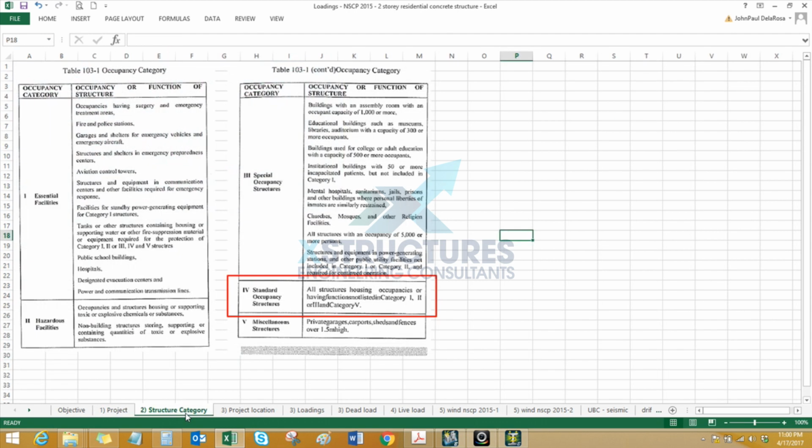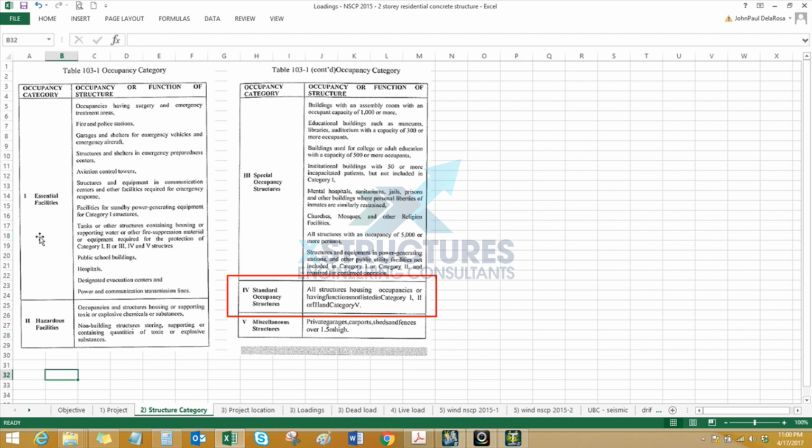Ngayon, structure category natin, okay, from NSCP tables, standard occupancy structure, so all structures housing occupancies or having functions not listed in category 1, 2, 3, and 5.